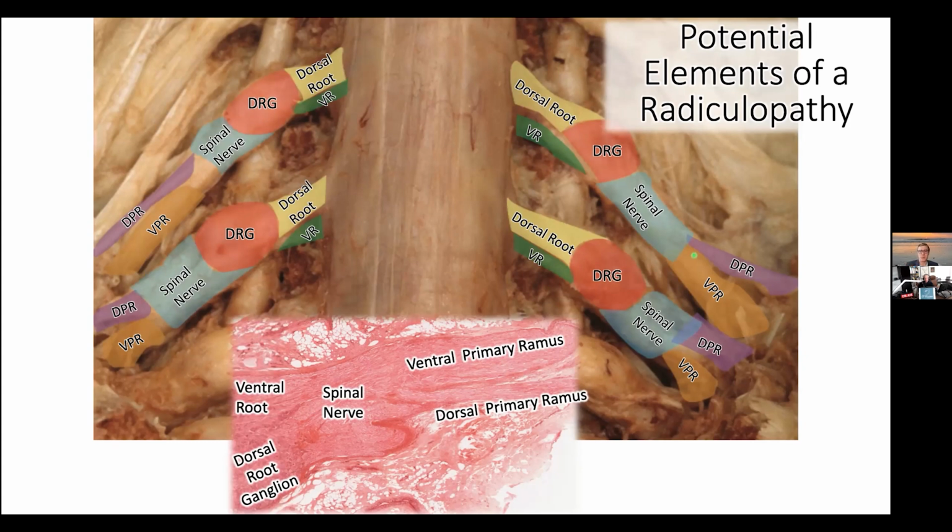All of these components contain neural elements from only one spinal cord root level, and that is the crux of a radiculopathy. Any lesion of the dorsal or ventral root, the spinal nerve, or the dorsal or ventral primary ramus is a radiculopathy, and therefore radiculopathies might be sensory only, they might be motor only, or they might be mixed, but they're only going to have deficits from one spinal level.